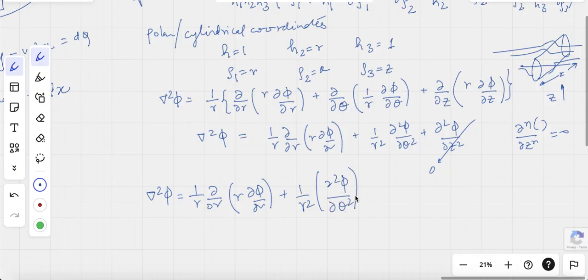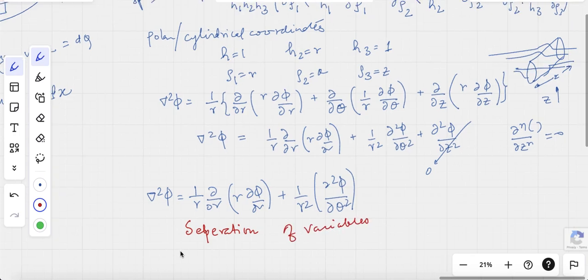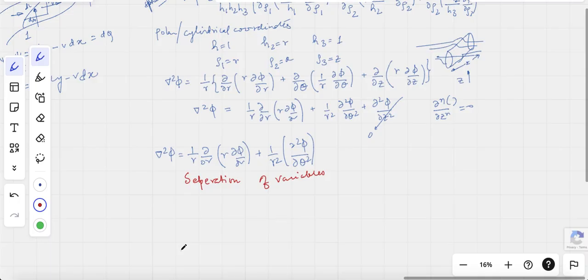Right, now what we will use is known as separation of variables. We will say that phi, which is a function of r comma theta, can be written as a function R which only depends on the radius, and T, which is a function of theta.